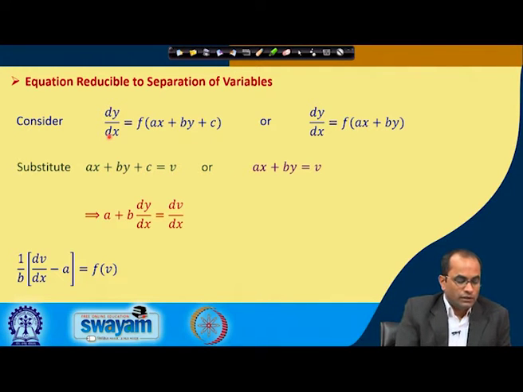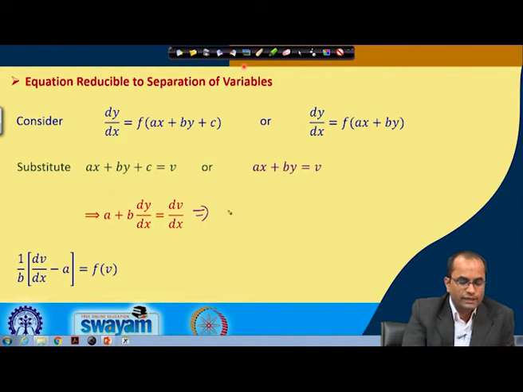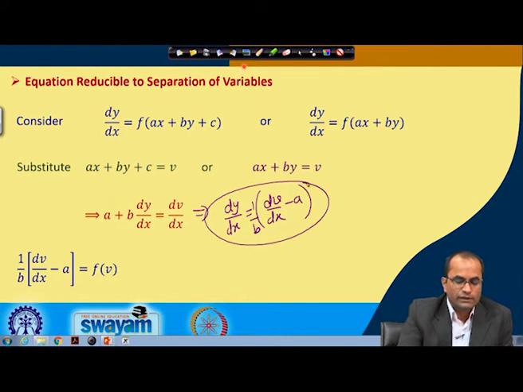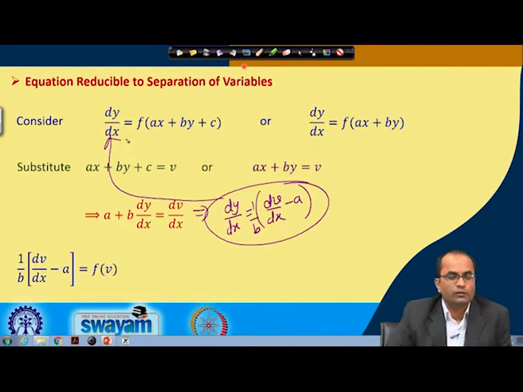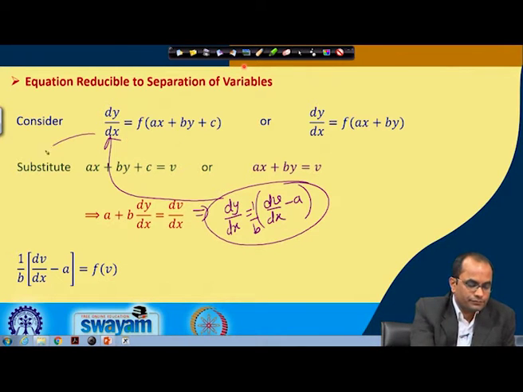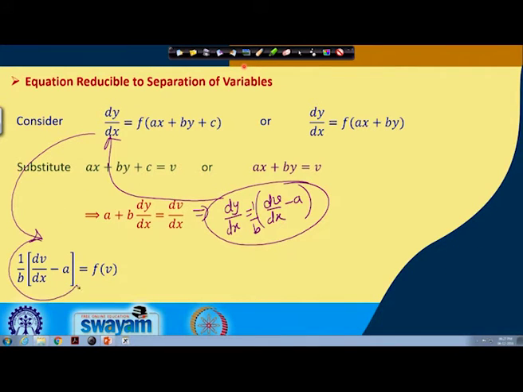From here, dy over dx will be dv over dx minus a, divided by b. We substitute this dy over dx in the equation, and it is equal to f, where we have already substituted v.